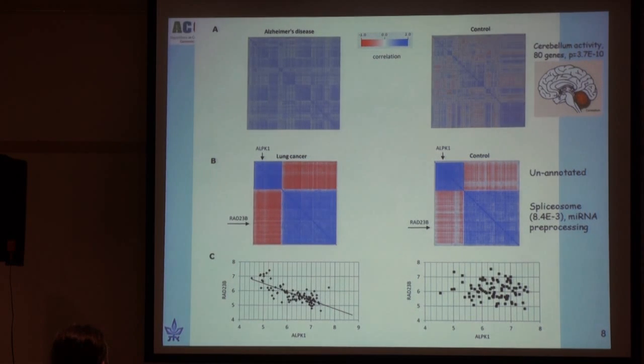So again, we are looking for objects or pairs of objects like this that show strong change in the co-expression between the cases and the controls. And again, there is no particular enrichment that we found for this module, but for that module, there is a strong enrichment both for spliceosome and for microRNA preprocessing.